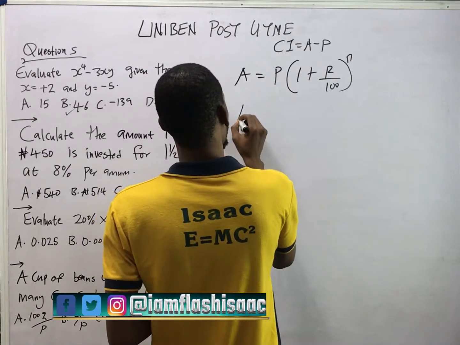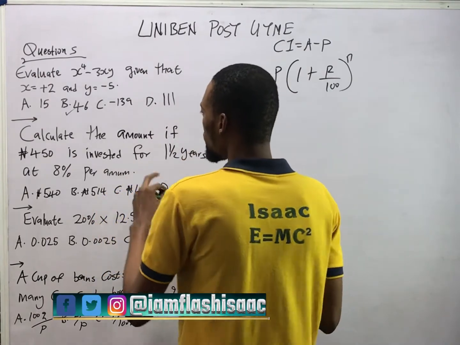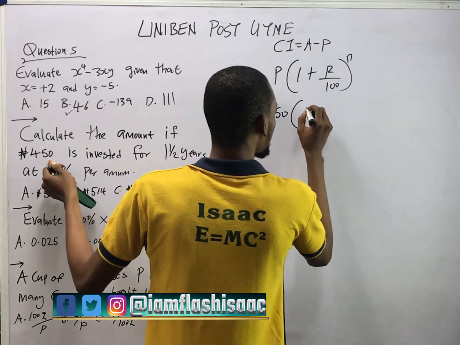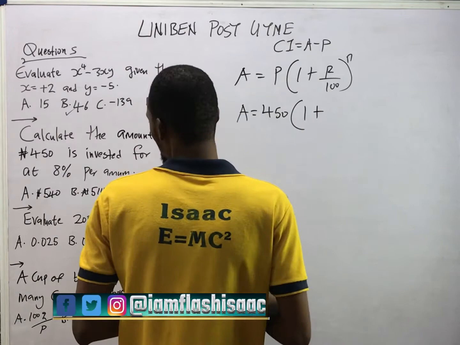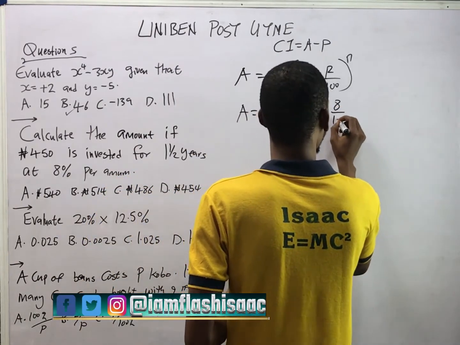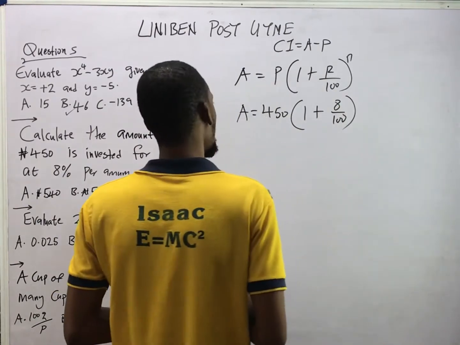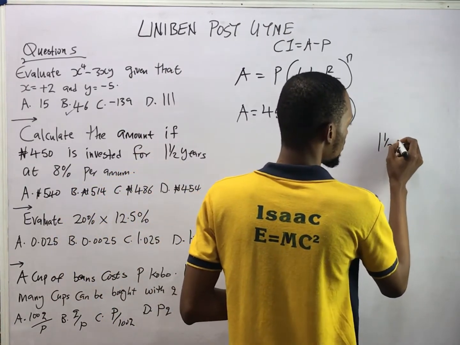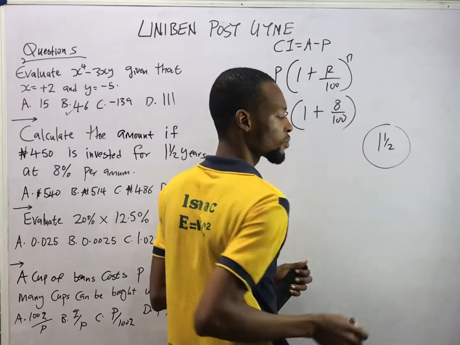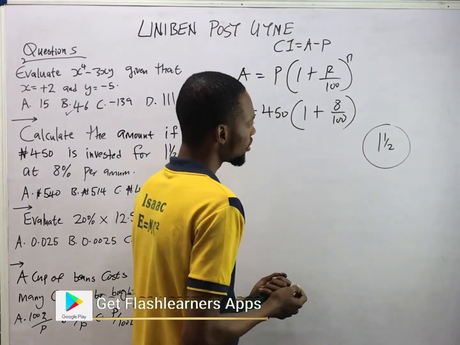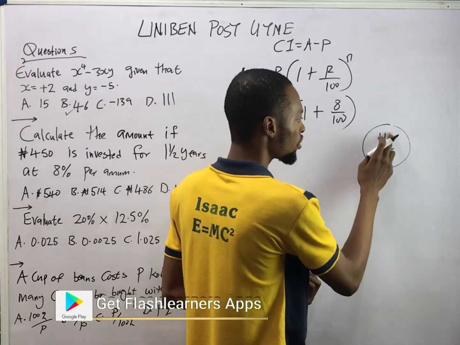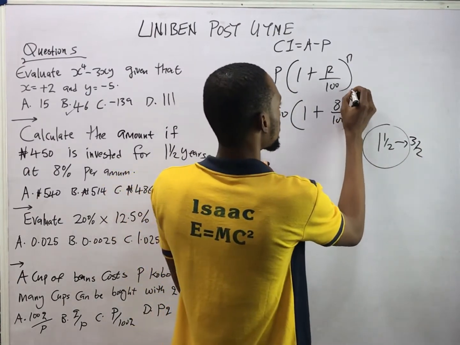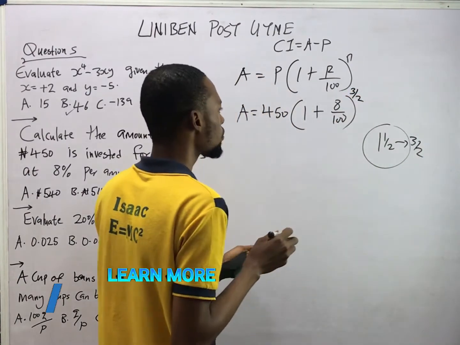In this question, we are looking for the amount, and the principal invested is 450. So 450 bracket 1 plus rate, which is 8 over 100, and n is 1.5 years. Converting this mixed fraction to an improper fraction, 2 times 1 is 2 plus 1 is 3, so this is 3 over 2. We can write this as raised to the power of 3 over 2.